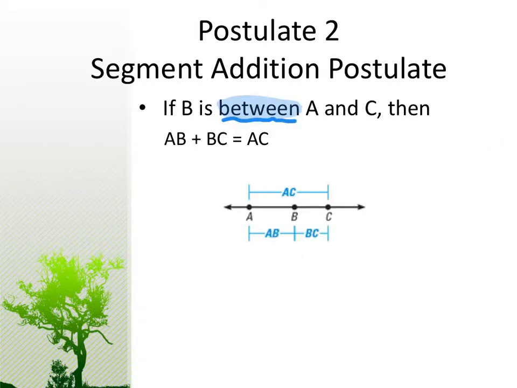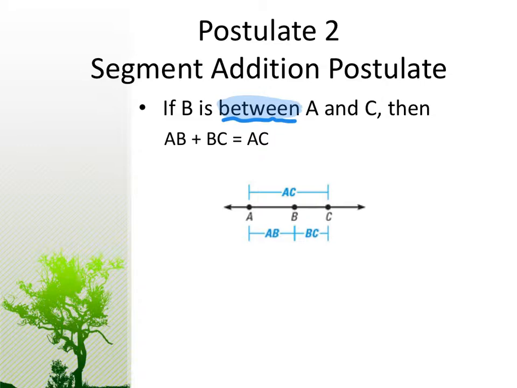So here is postulate number 2. Number 1 was the ruler postulate. Number 2 is the segment addition postulate. And again, the word between must be somewhere stated in the problem. So it says if B is between A and C, then AB plus BC equals AC.